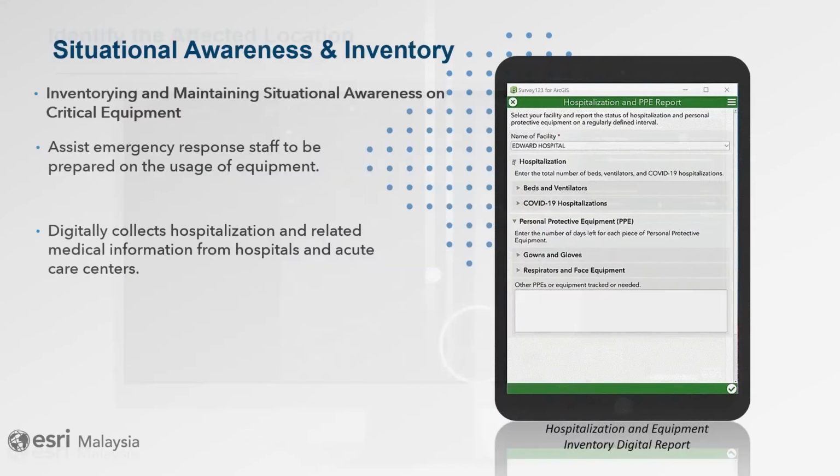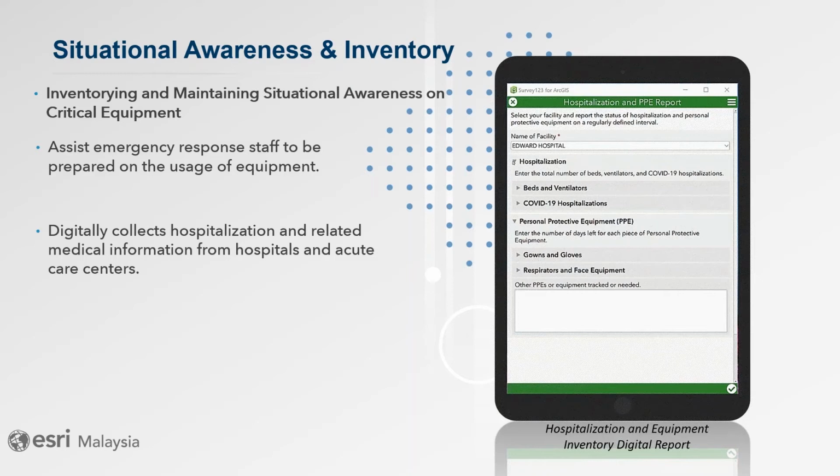Okay, the next one is how GIS helps in situational awareness for inventory. It is a solution with a smart survey to do the inventory and assist the health worker to collect hospitalization and medical information from hospitals and also acute care centers.